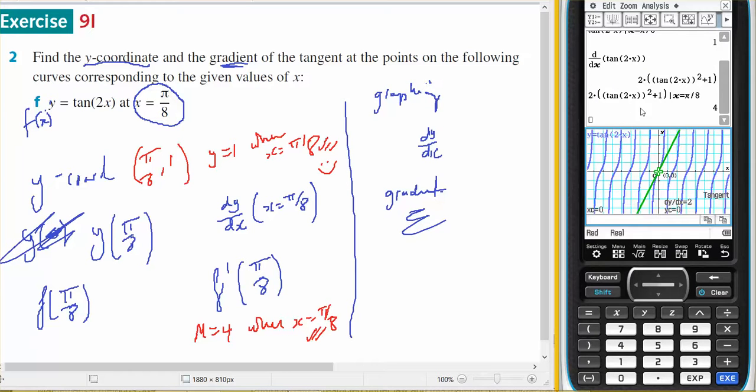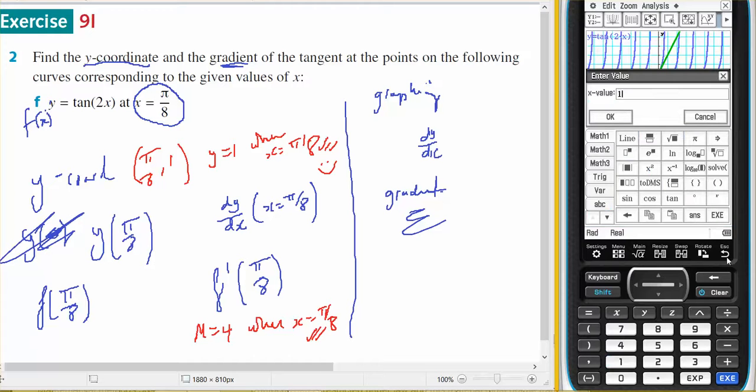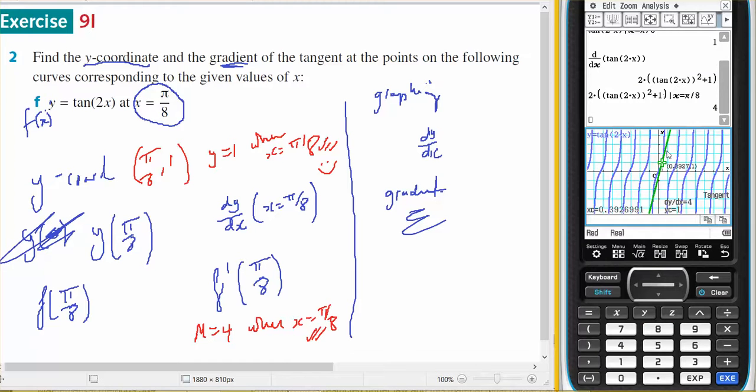I don't have access to my on-screen, so if I just put a 1, then I can get rid of that and do pi divided by 8. It will draw a tangent, and if I press EXE, I get the equation, which tells me y equals 4x, therefore the gradient is 4. And I can also see that y equals 1.